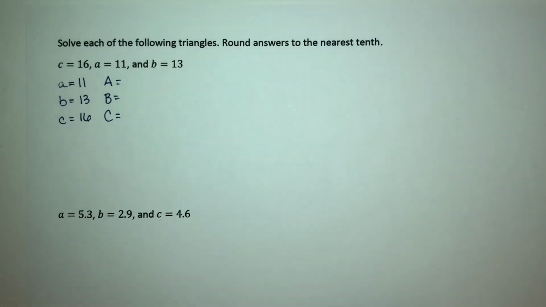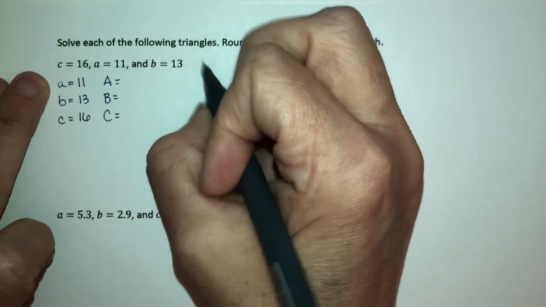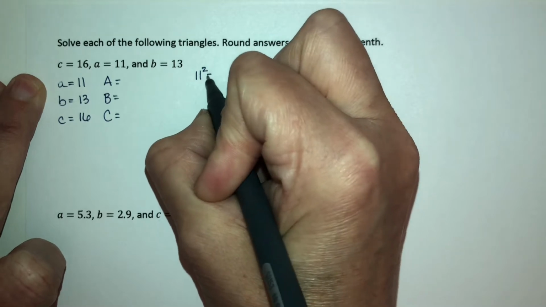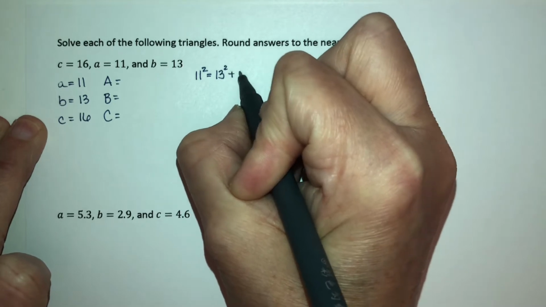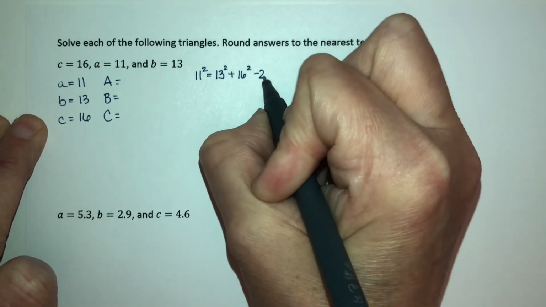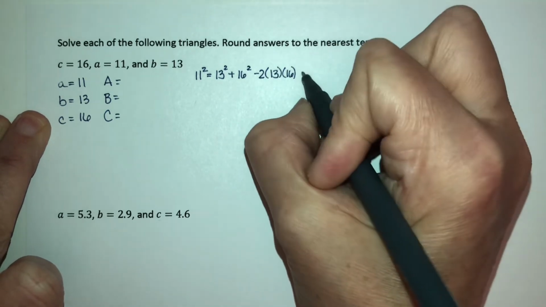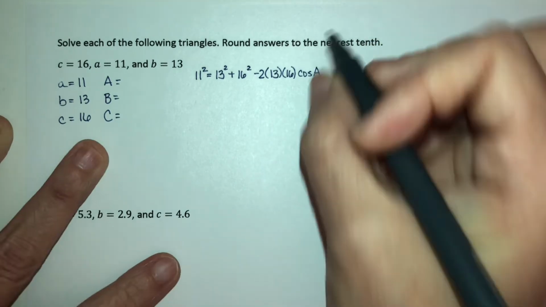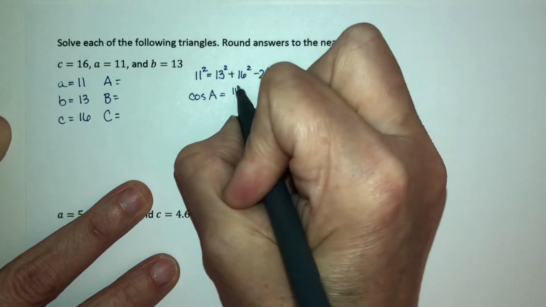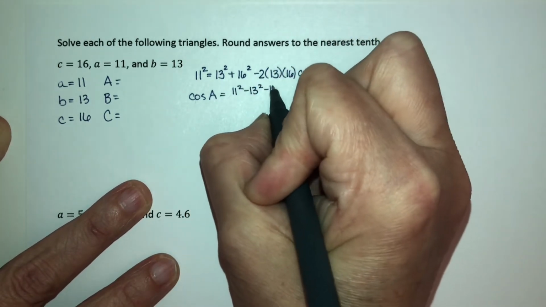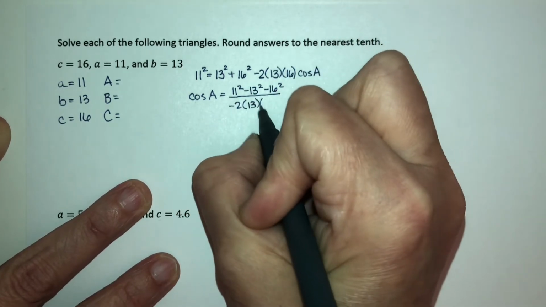Okay, so to find angle A, that's going to be A squared is equal to B squared plus C squared minus 2 times B times C times cosine of angle A. So we get cosine of A equal to 11 squared minus 13 squared minus 16 squared over negative 2 times 13 times 16.